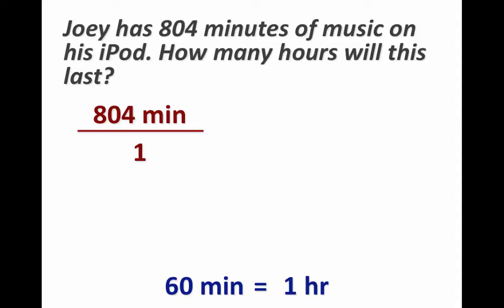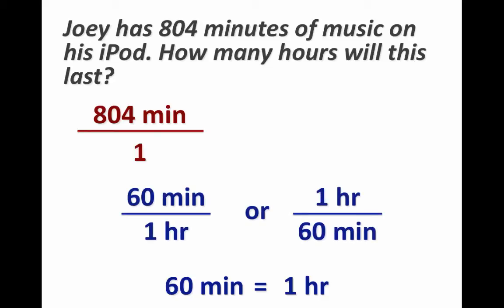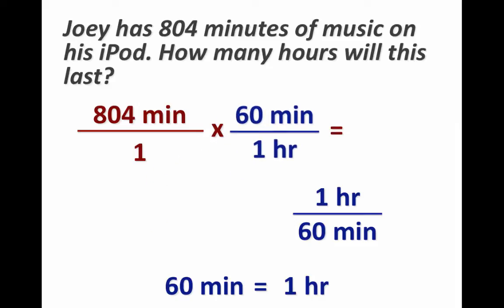The only question is, should I write the 60 minutes on the top of the fraction, or should I put it on the bottom? If I put 60 minutes on the top and then multiply these two terms, I'll end up with units of minutes times minutes per hour. Not what I was looking for.